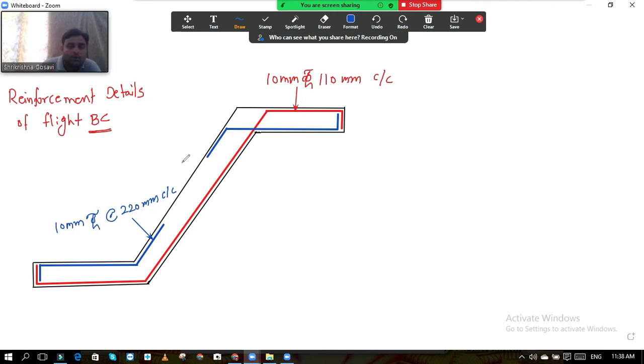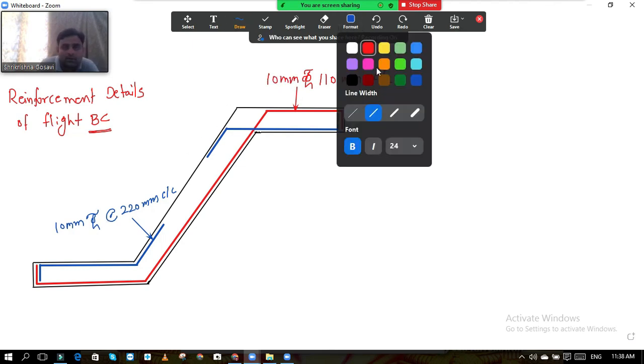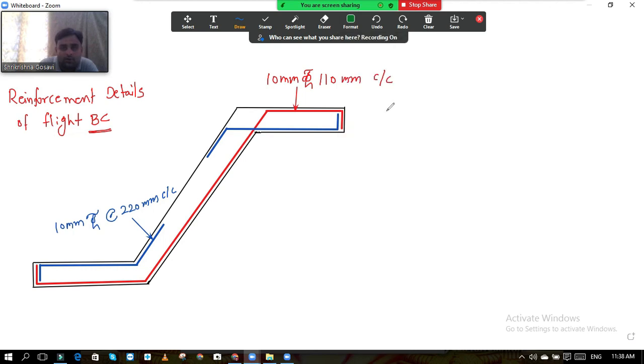Okay. Now after this, the last thing is your distribution steel. The distribution steel is shown by green. So distribution steel is like this. These are the distribution steel bars.